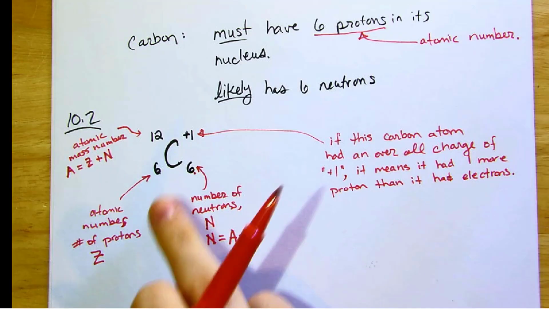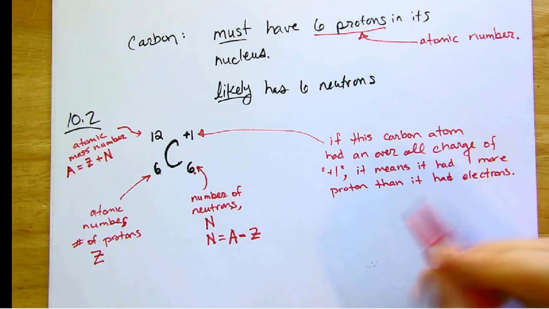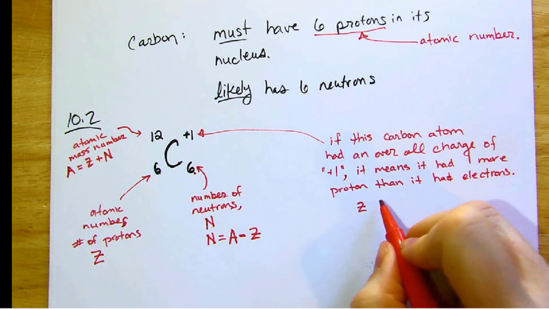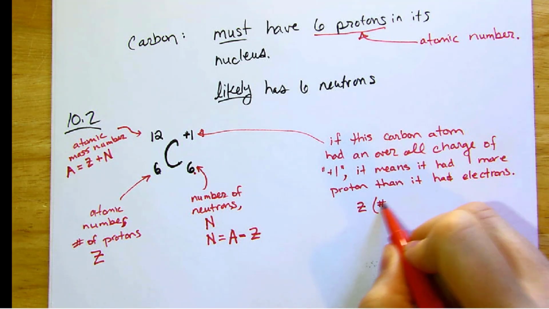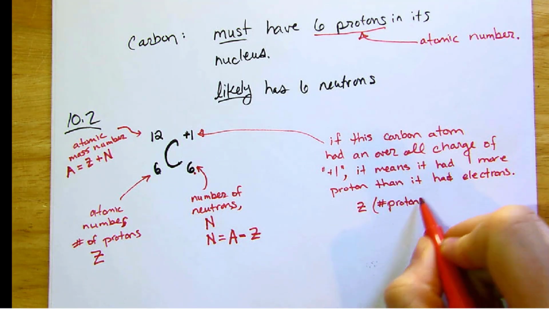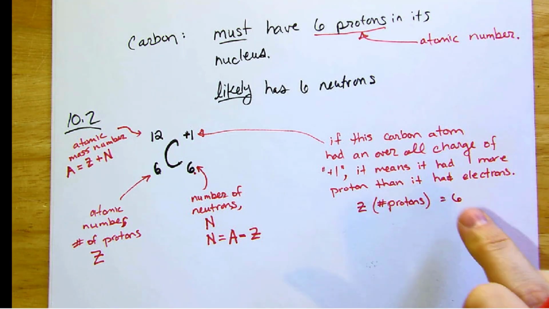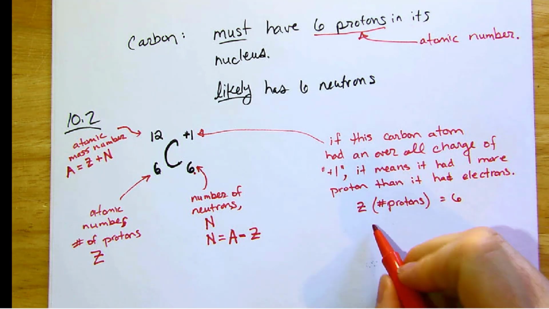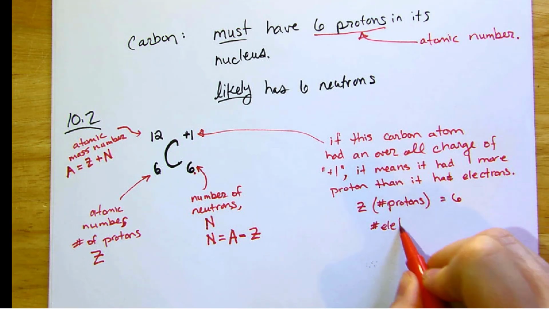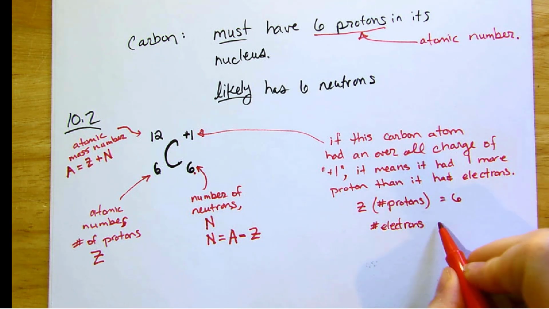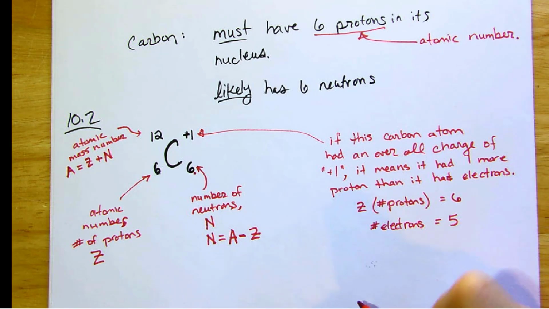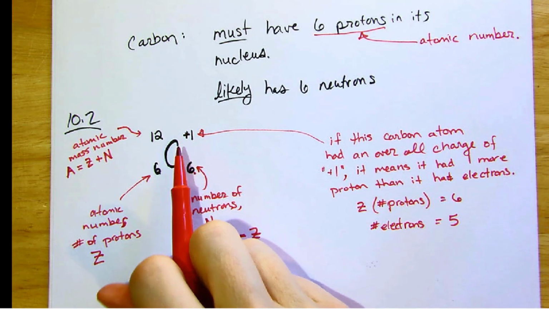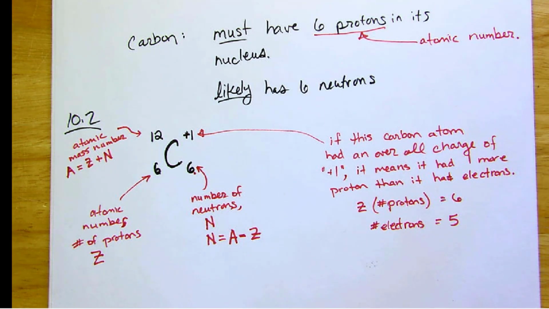So then we know that the number of protons is 6 because it is carbon. So Z, the number of protons, was 6, and we need one more of these than the electrons. So then we could say that the number of electrons was equal to 5. So basically this atom is missing an electron. It got ripped off. It got taken somewhere else by some other atom, leaving it with one too many protons, with a charge of +1 unit.